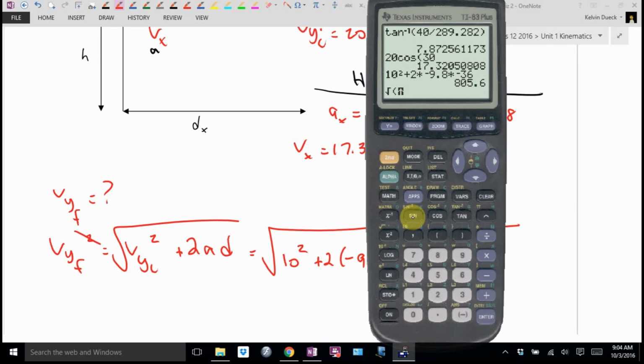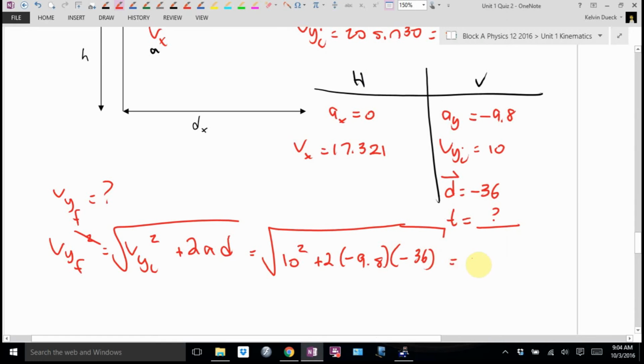Square root of... And I get a Vy final of 28.383. Except I have to realize it's going down. I have to put a negative in front of it. My calculator won't give me that. My equation will, because it's technically a plus or minus, but I have to realize my calculator won't.